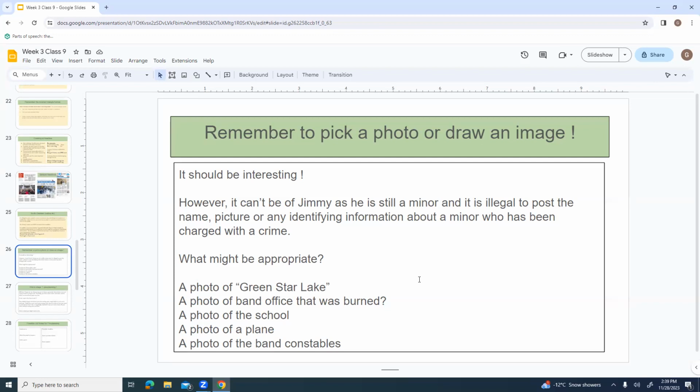You could take a photo of the band office that got burned, or a photo of the school, or another important building in Green Star Lake, or a photo of the plane they're flying in, or a photo of the band constables, or maybe the chief. You wouldn't probably use a photo of his family though, because again, that would be identifying information.